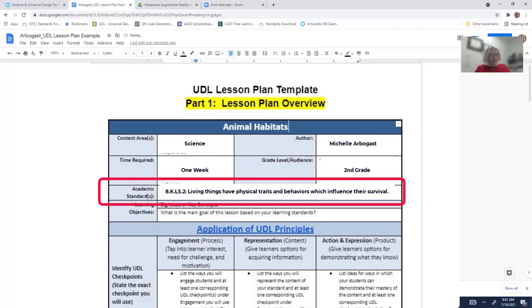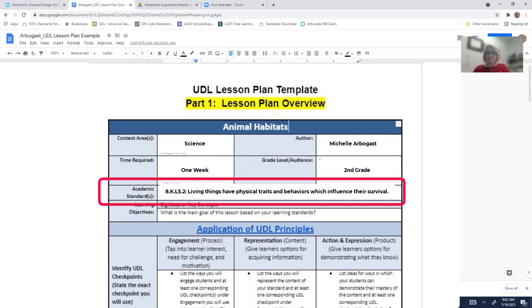Living things have physical traits and behaviors which influence their survival. So I pulled these from the 2nd grade science standards, and that is my academic standard. And this obviously has to do with animal habitats.